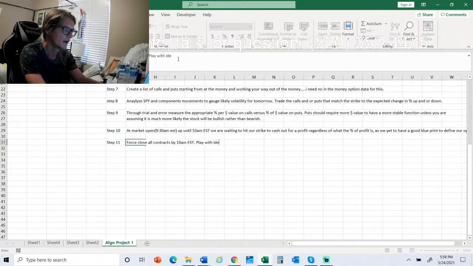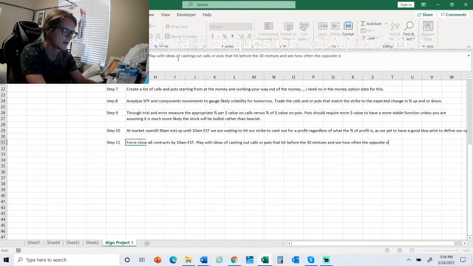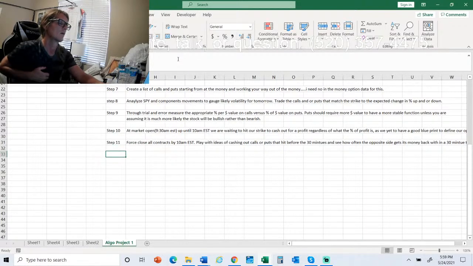Play with ideas of cashing out calls or puts that hit before the 30 minutes, and see how often the opposite side gets its money back within a 30-minute to 1 hour time range. Okay, so now I close out everything for a profit.